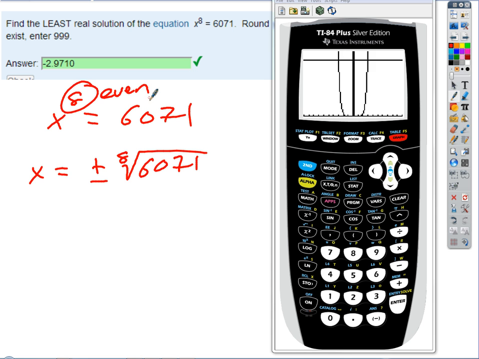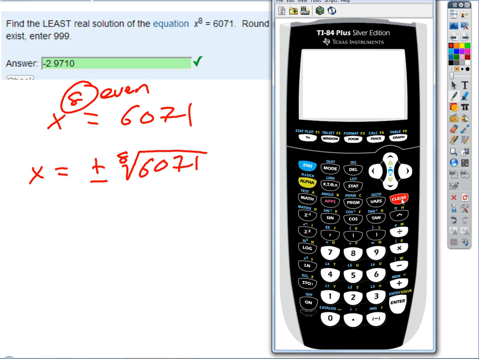So the far easier way to do this would just be to say 6071 to the power of 1/8 is that. So it's plus or minus that, right? Okay. Now what if that had been x to the 9th? Then I do 1/9. Do I need a plus or minus? No, I don't.